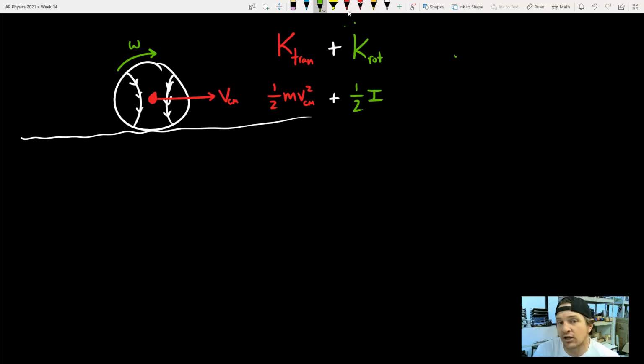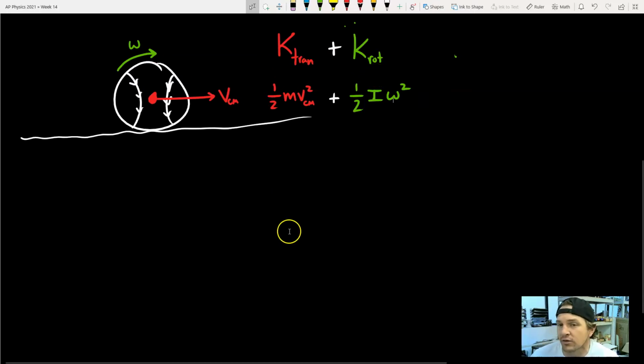And then instead of just straight linear speed, v, we have angular velocity, omega, and that's squared. So really similar, right? Instead of mass, we have rotational inertia. Instead of linear speed, v, we have angular speed, omega. Other than that, the formulas are the exact same.